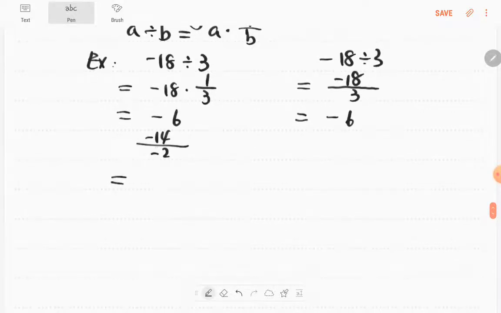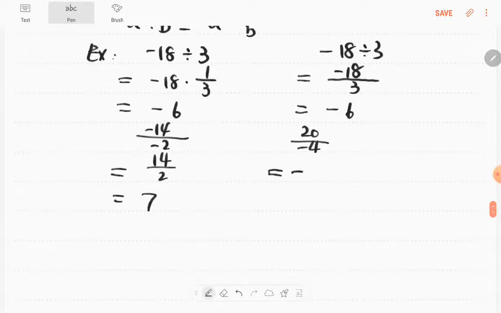So negative, negative, our answer will be positive. And it's just like this. Alright, so another one. This time, positive, negative. Our answer will be negative. 20 divided by 4, we will get 5.